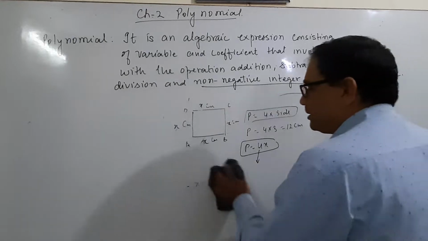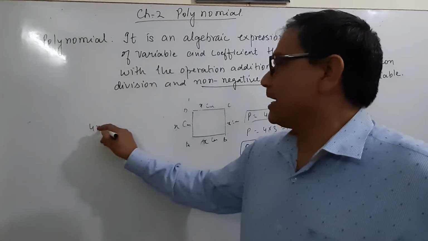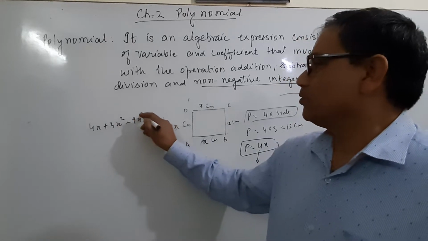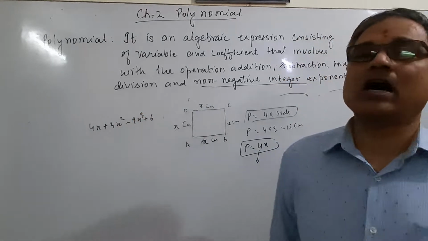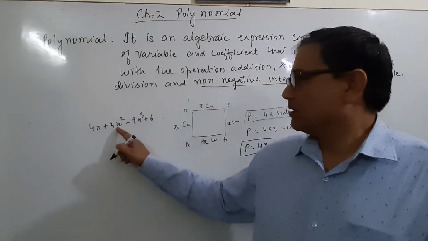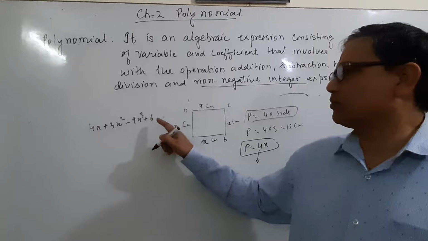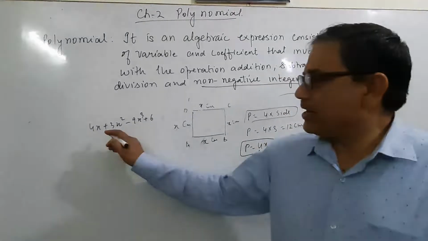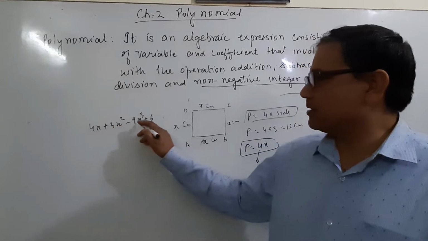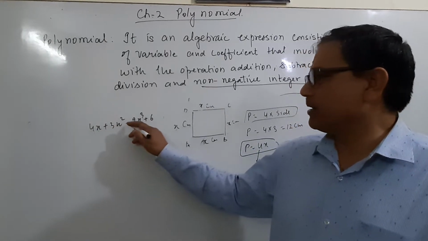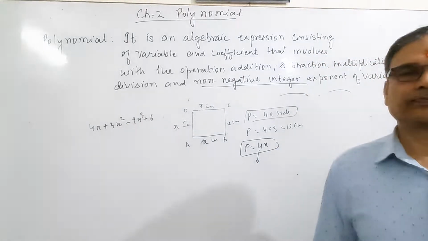Now, for example, 4x plus 3x square minus 9x cube plus 6. These are all algebraic expressions. The variable is x and the constants are 4, 3, minus 9 and 6.